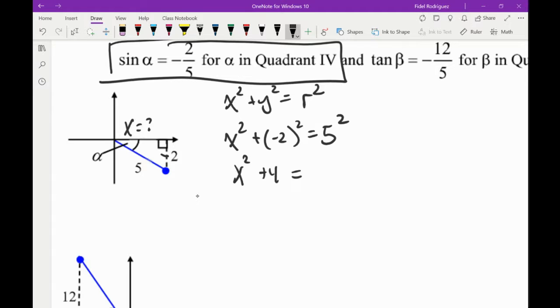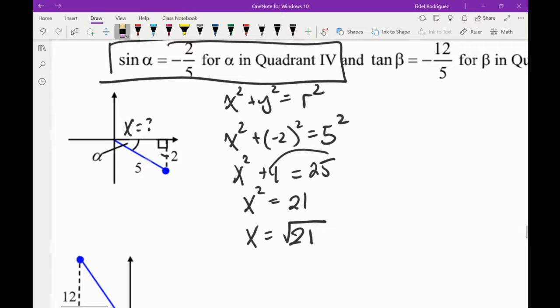Positive 4. 5 squared is 25. So when I subtract 4 on both sides, 25 minus 4, 21. And then we got to take the square root. Is the square root going to be positive or negative? We're in quadrant 4. So in quadrant 4, it's going to be positive, right? This here, y'all, should be the square root of 21, okay?